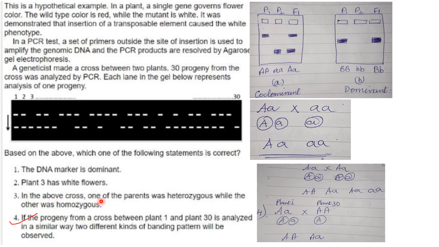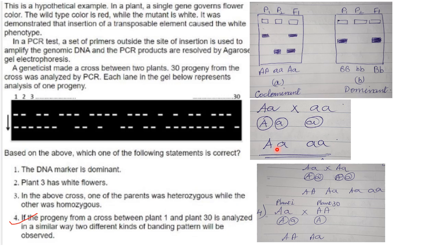In the above cross, one of the parents was heterozygous while the other was homozygous. If this is the condition, as you see here, capital A, small a, capital A for the red color, small a for the white color. So they have told one parent was heterozygous. So capital A, small a, small a, small a. So you get only capital A, small a, small a, small a. These are the bands you should get. But you can see the band of capital A also.